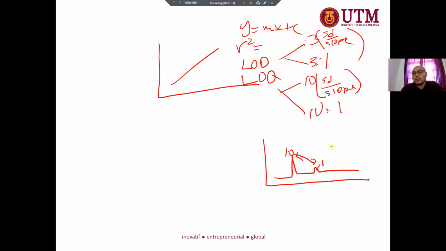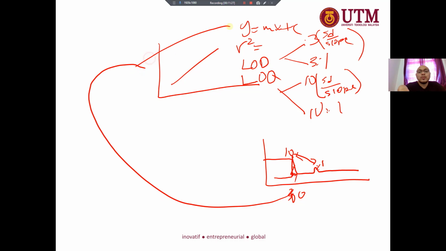For example, in this 10 to 1 condition, the signal gives an area of 300. So you put it into the equation, or you can use this graph to find the concentration for the LOQ. That is how you can utilize your calibration curve.